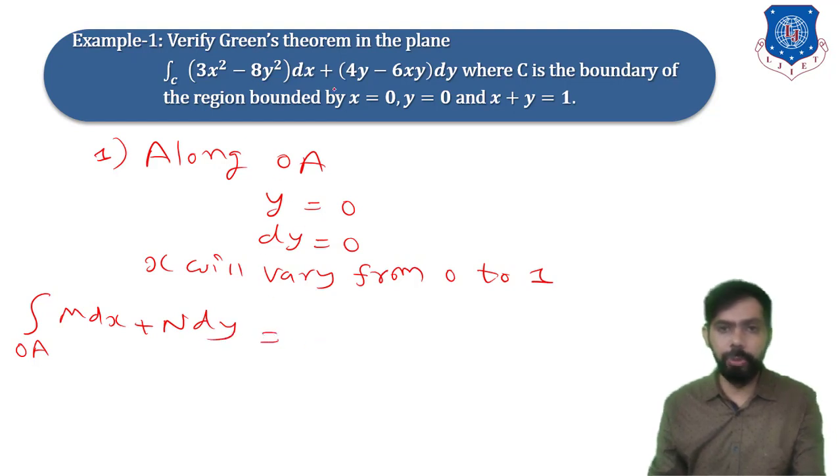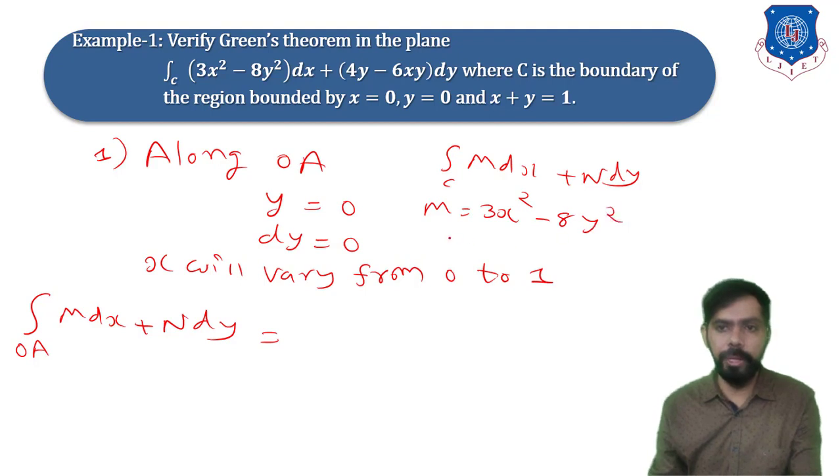Therefore integration OA M dx plus N dy is equal to, now here first of all, what is M? For that purpose we will compare this integration with M dx plus N dy. If we compare, then M will be 3x square minus 8y square and N will be 4y minus 6xy.